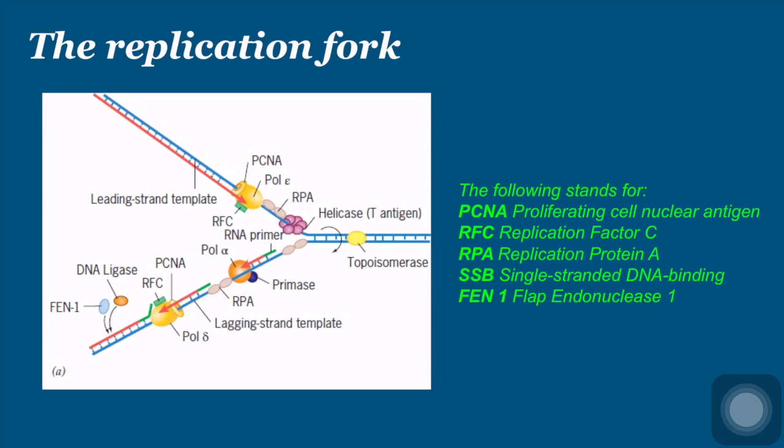Like bacterial polymerases, all of the eukaryotic polymerases elongate DNA strands in the 5' to 3' direction. To ensure the accuracy of replication, polymerase gamma, delta, and epsilon possess a 3' to 5' exonuclease.